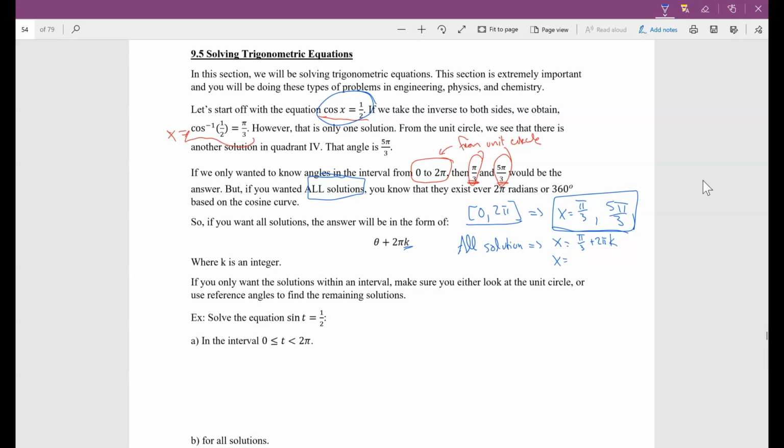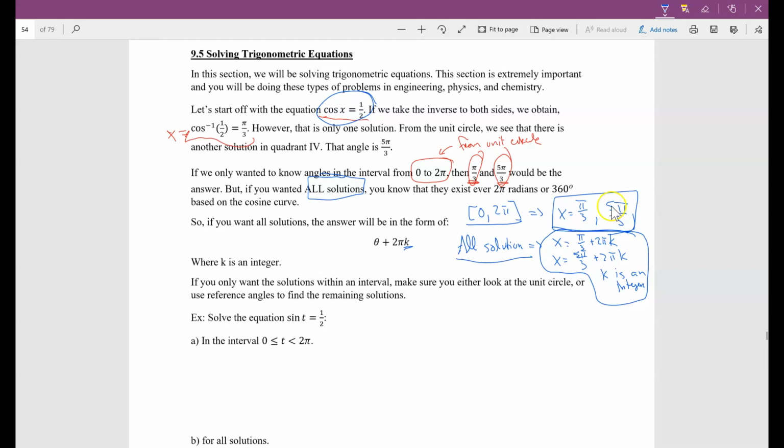If I wanted to know two cycles from now, I can just plug in k equals 2. So it'll be pi over 3 plus 2 pi k, and then x will be 5 pi over 3 plus 2 pi k. Remember, k is an integer. This will be the full solution if I wanted all solutions.